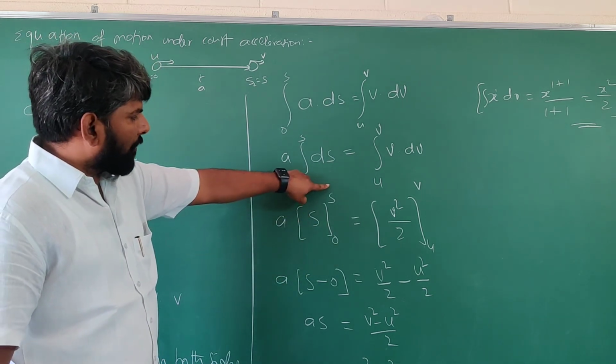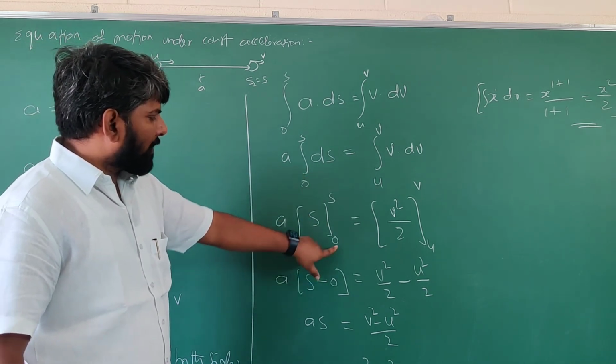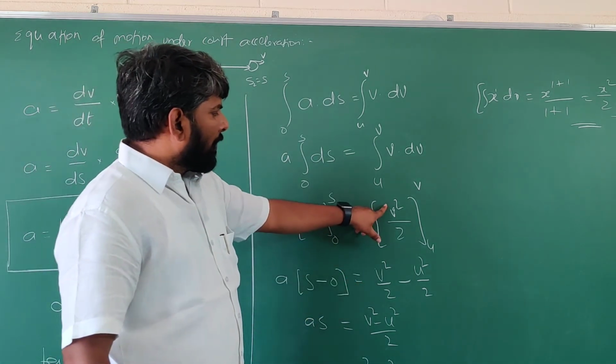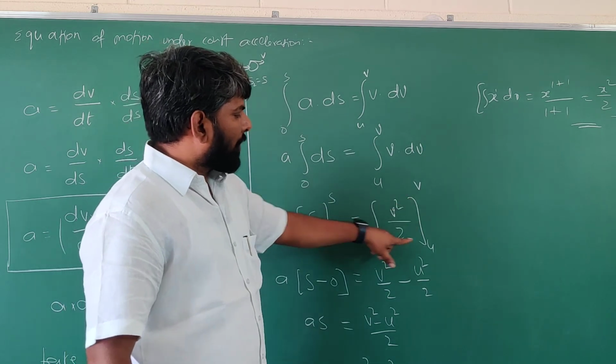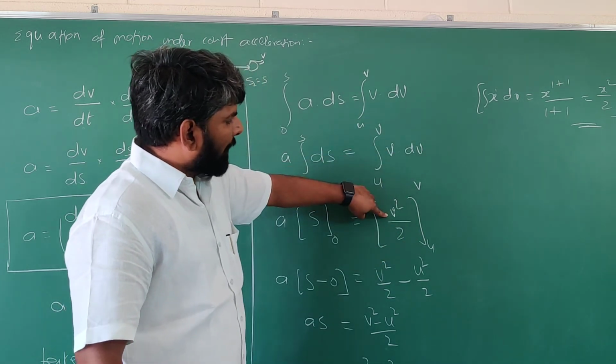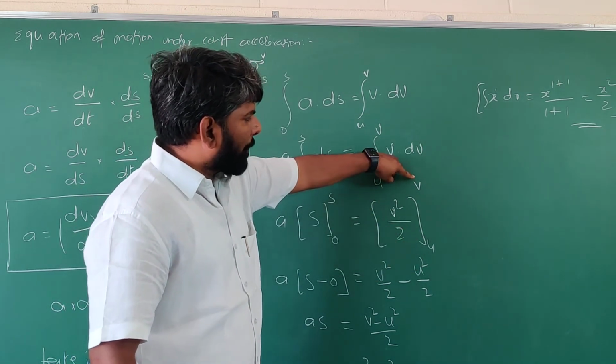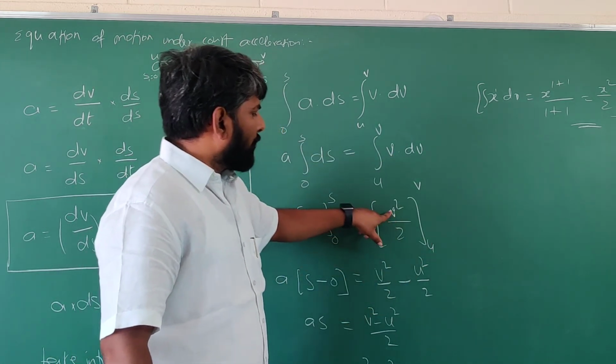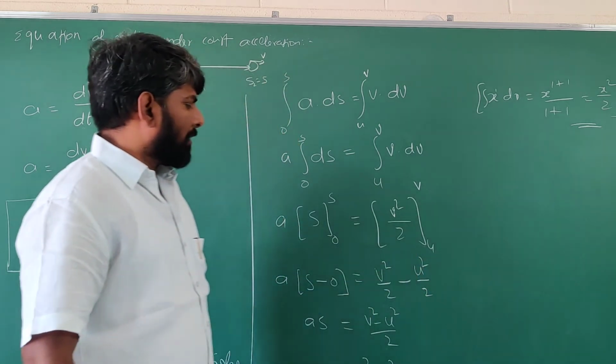In place of s, upper limit s minus lower limit 0, so s minus 0 is equal to v square by 2 with limits u to v. The upper limit is v, so v square by 2 minus the lower limit u square by 2.